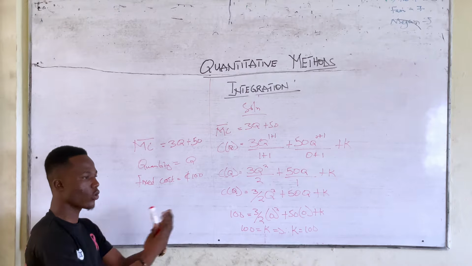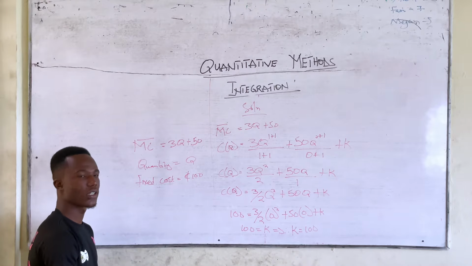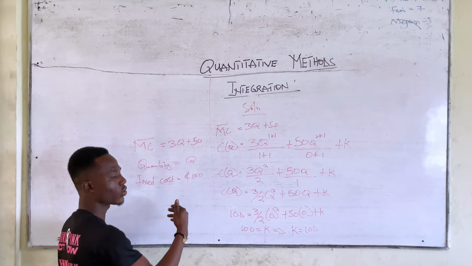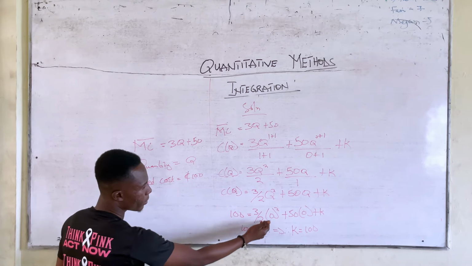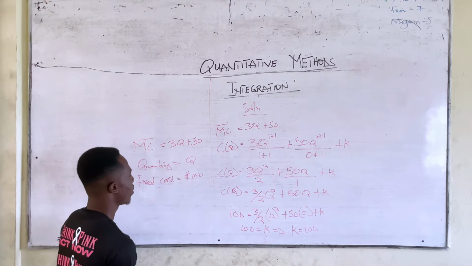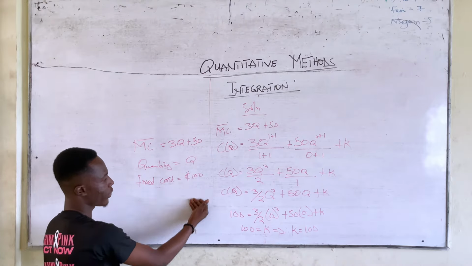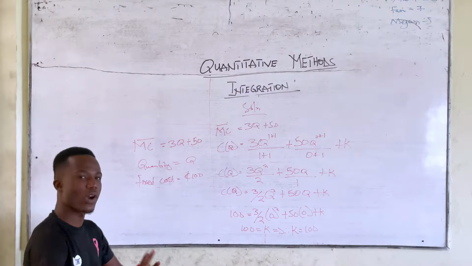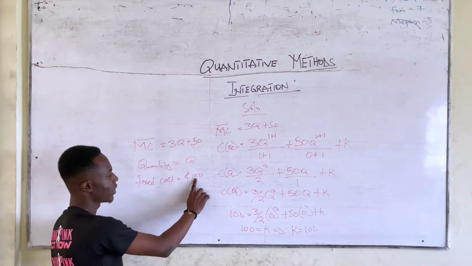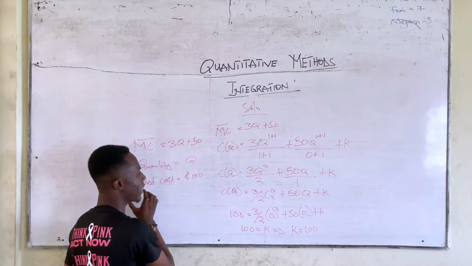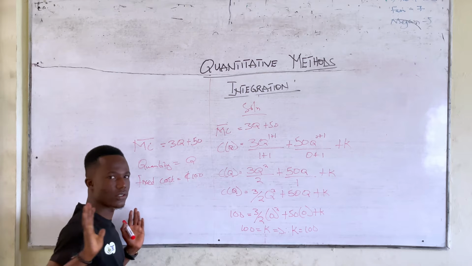Because we incur cost to produce quantity. So anytime you are given, let's say, revenue without quantity, you replace the quantity by what? 0. If you have fixed cost without the quantity, you replace the quantity by 0. In a situation whereby you have both, you replace the fixed cost by the value and the quantity by the number of units given, just like that.